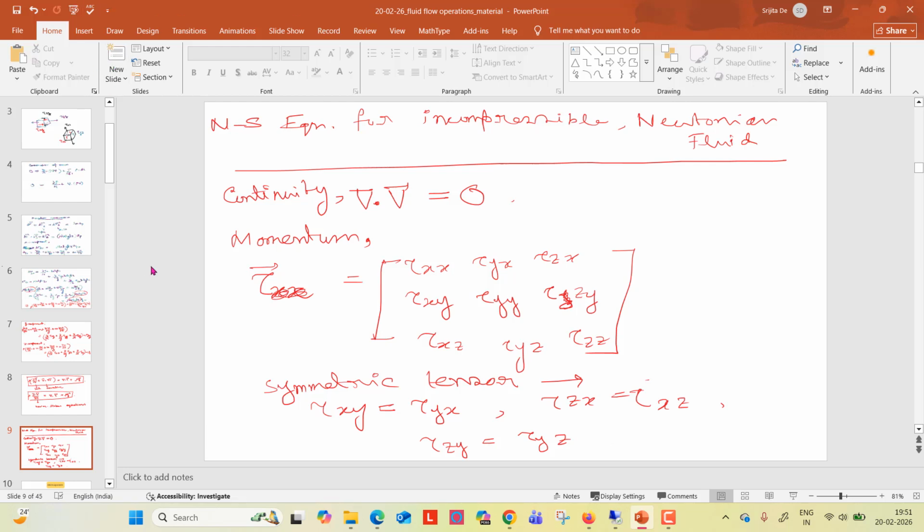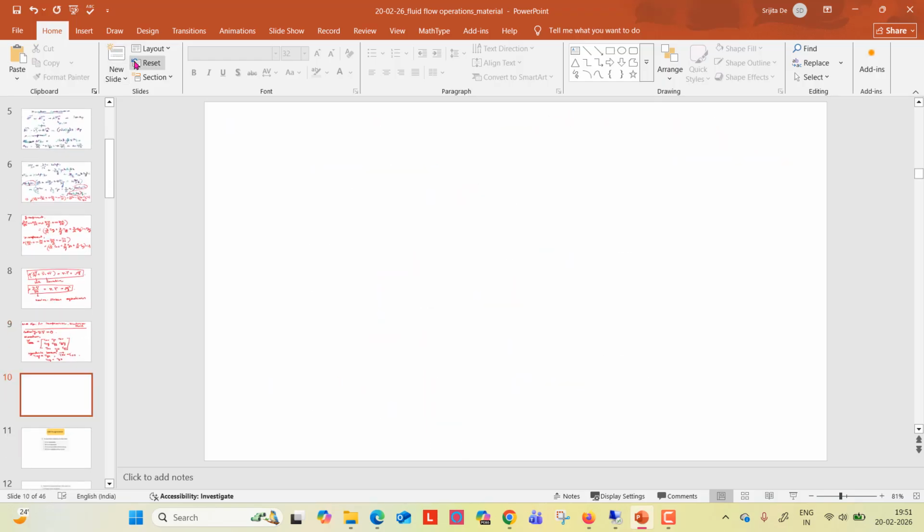If you remember the first lecture, this course started with Newton's viscosity law, right? So if you remember, we have always shown that tau yx equals tau xy. It is coming from the angular deformation case, which we have discussed in the first class in detail.